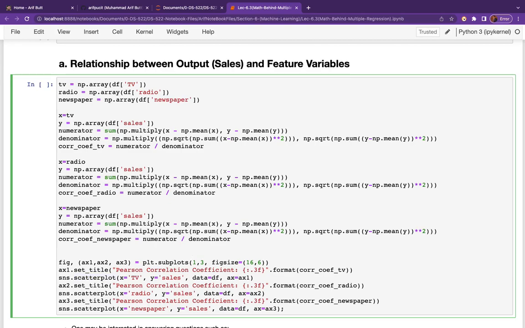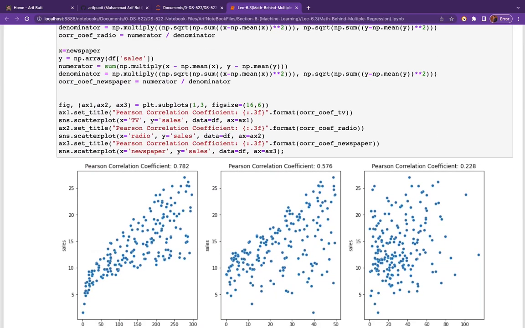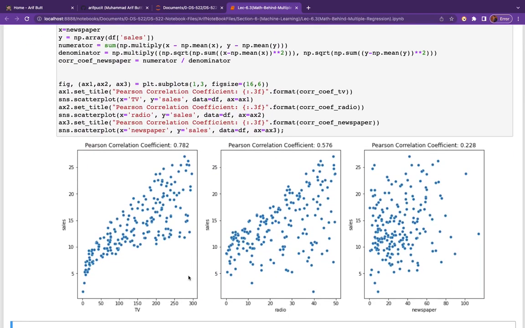Let me execute the code of this cell. So this is the output. So you see these are the three graphs that show that the advertisement on TV has the most impact on sales of the product because this is more linear.